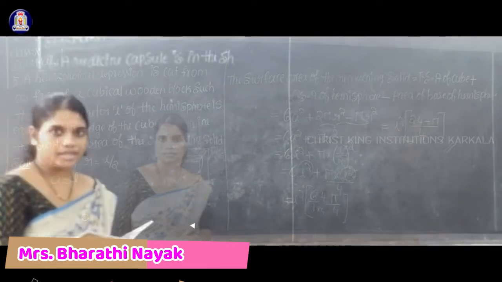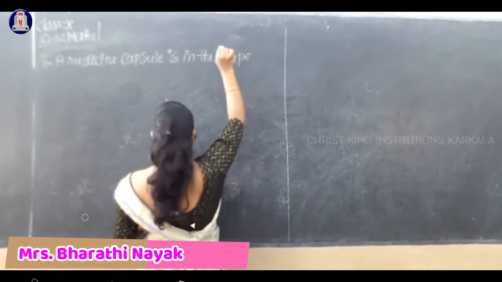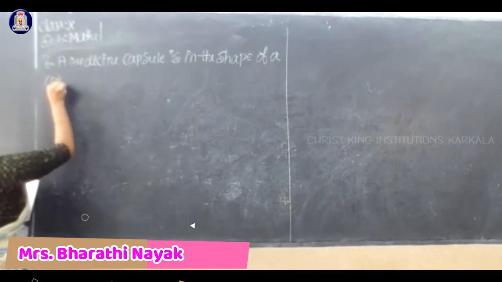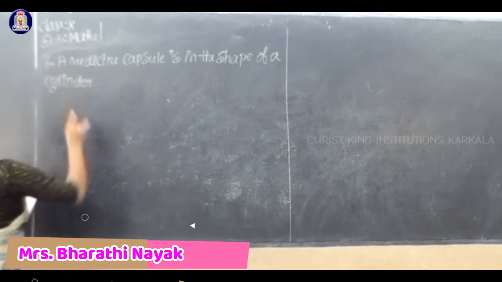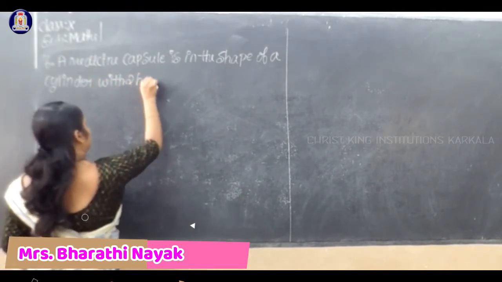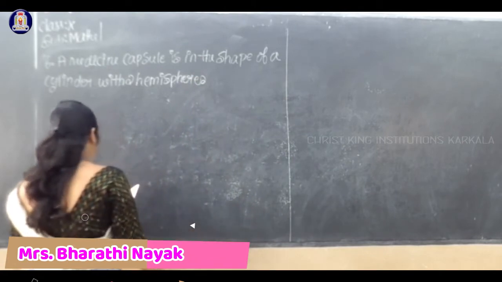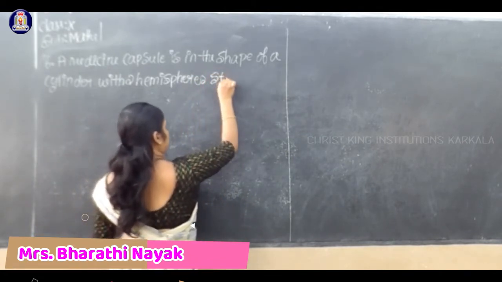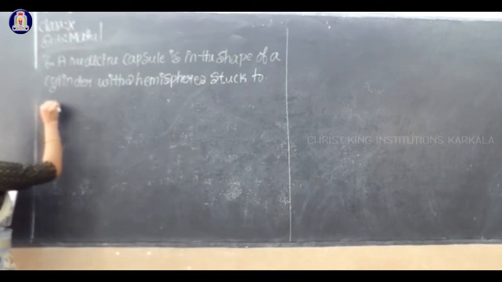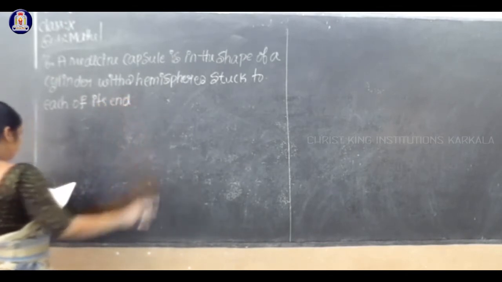Next question. This is your sixth question. A medicine capsule is in the shape of a cylinder with two hemispheres stuck to each of its ends.